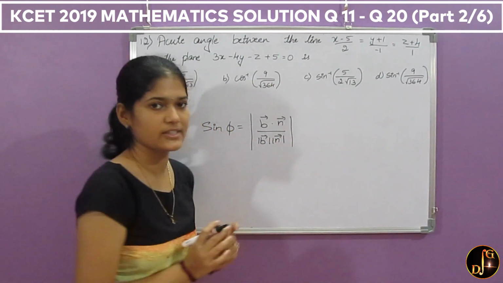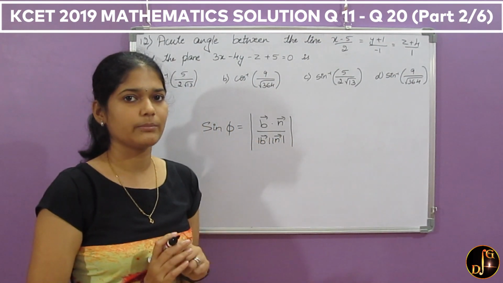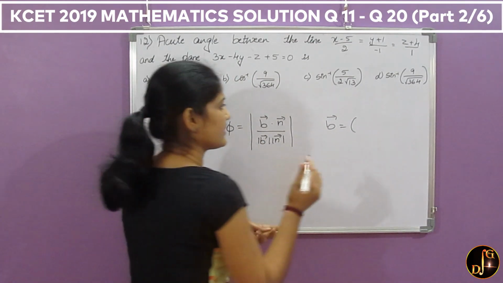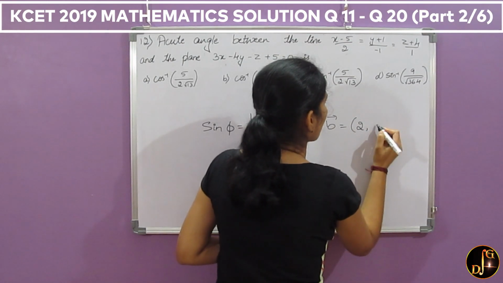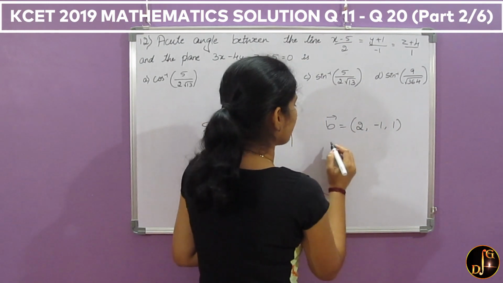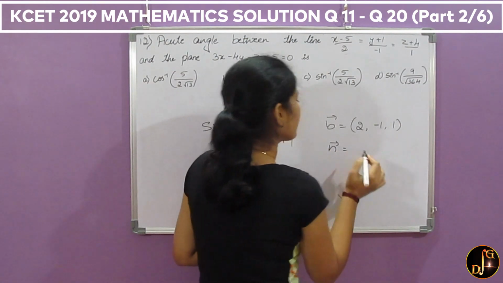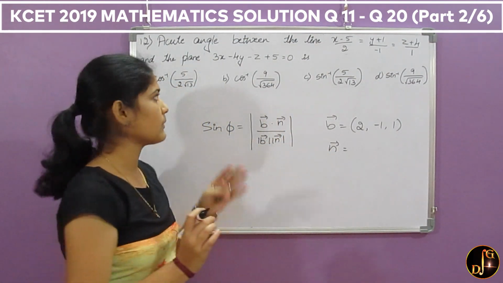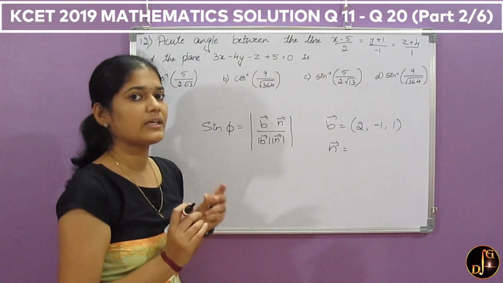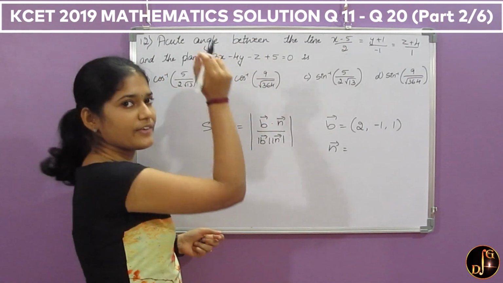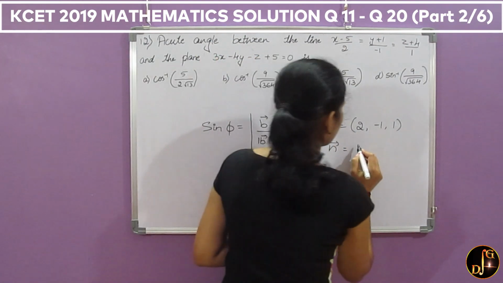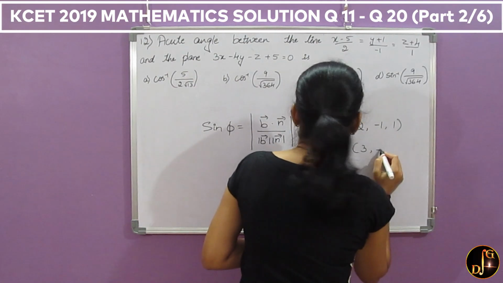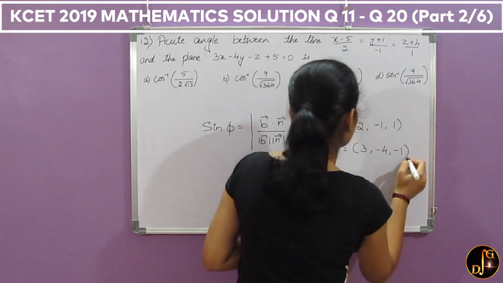Right? This is the formula. What is vector b? Vector b is nothing but (2, minus 1, 1). And what is n? Vector n is nothing but a normal to the plane. They are nothing but the coefficients of the variables. That means we will get (3, minus 4, minus 1).